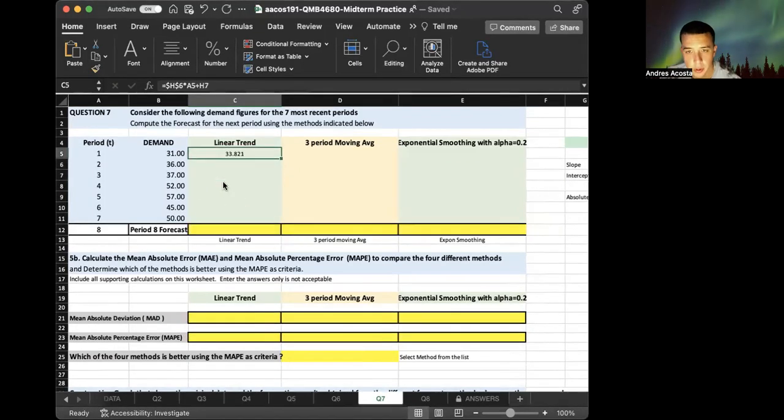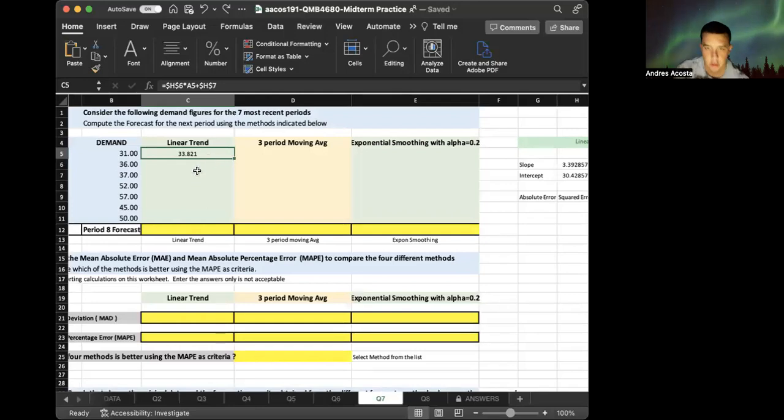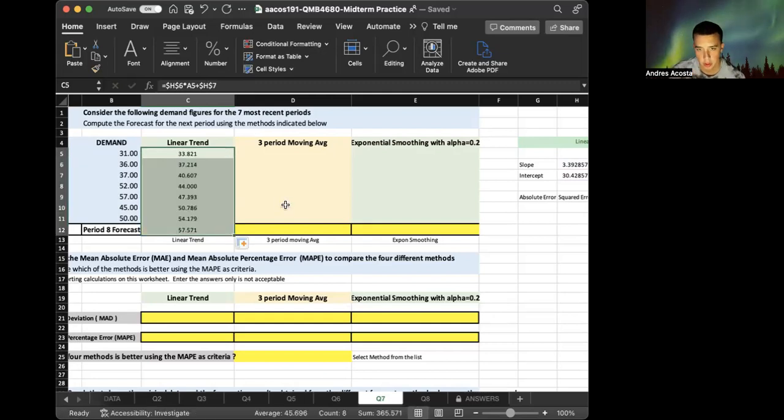Let me pause real quick and see what is happening. What I had to change was that I anchored the slope, but I did not anchor the intercept. So I anchored the intercept now, click enter, and bring down the cross all the way down. And there you go.